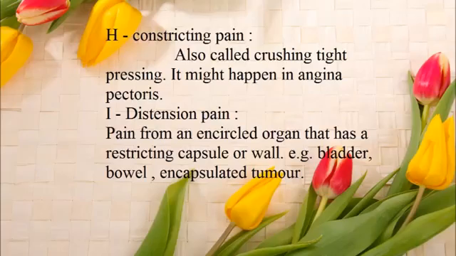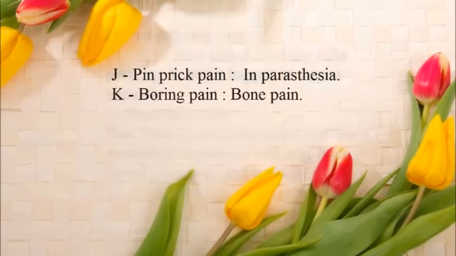Distension pain: pain from an encircled organ that has a restricting capsule or wall, like the bladder or bowel, or an encapsulated tumor. And the last two are the pinprick pain in paresthesia and the boring pain in bone pain.